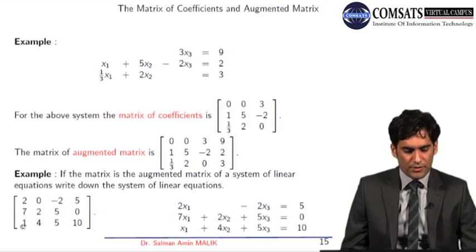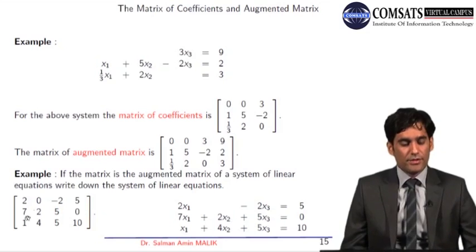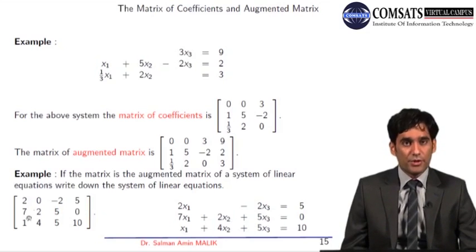So the information this augmented matrix gives me about the system is that it has 3 equations and 3 unknowns. The first equation can be written as 2x1 plus 0 x2 minus 2x3 equals 5.